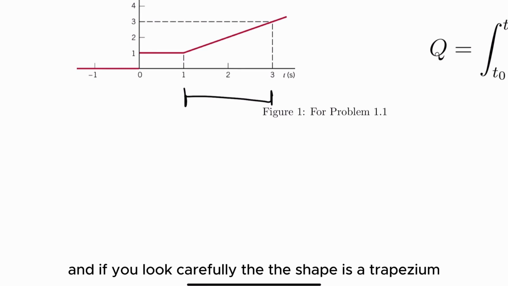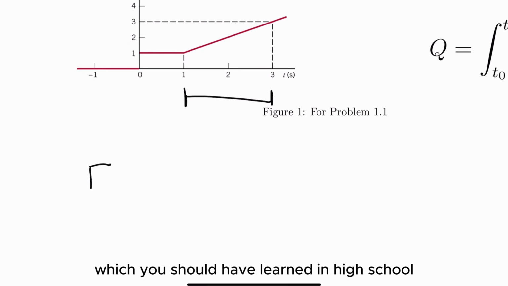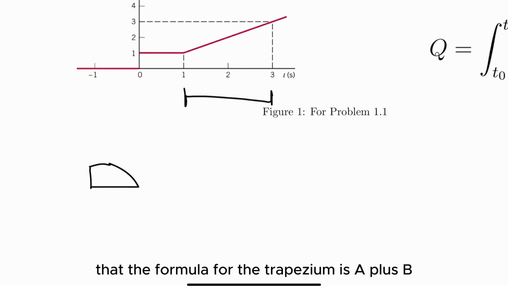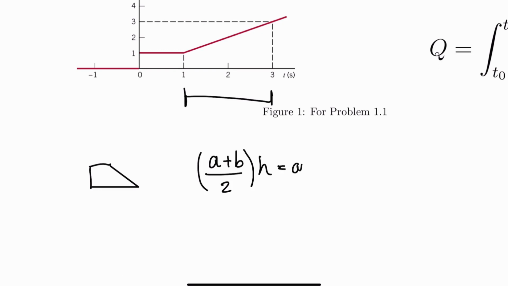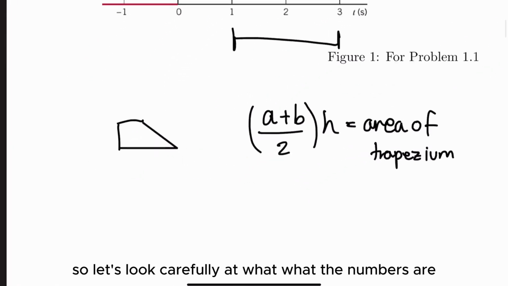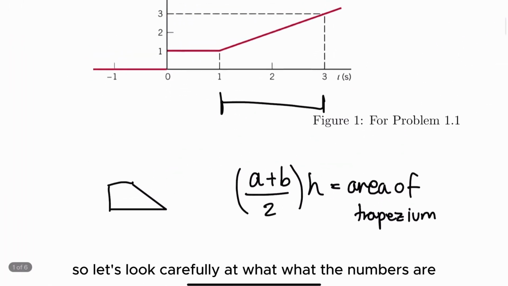And if you look carefully, the shape is a trapezium, which you should have learned in high school. The formula for the trapezium is (a plus b) divided by 2 multiplied by the height. So let's look carefully at what the numbers are.